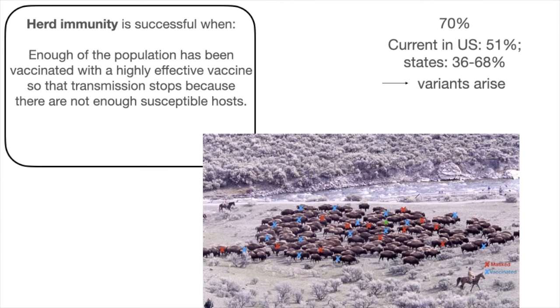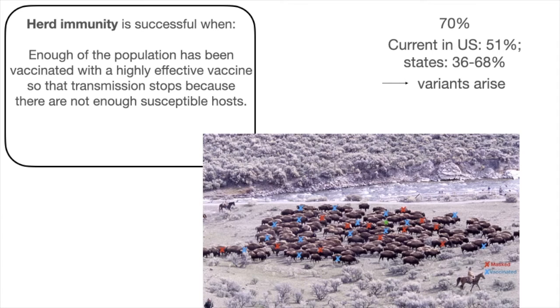Now, what you have seen is that variants arise, particularly when a long period of time goes by when a virus is able to multiply in immunocompromised people who aren't vaccinated. That gives viruses more time to mutate, which happens inside a host, because they're not going to do anything outside of a host.